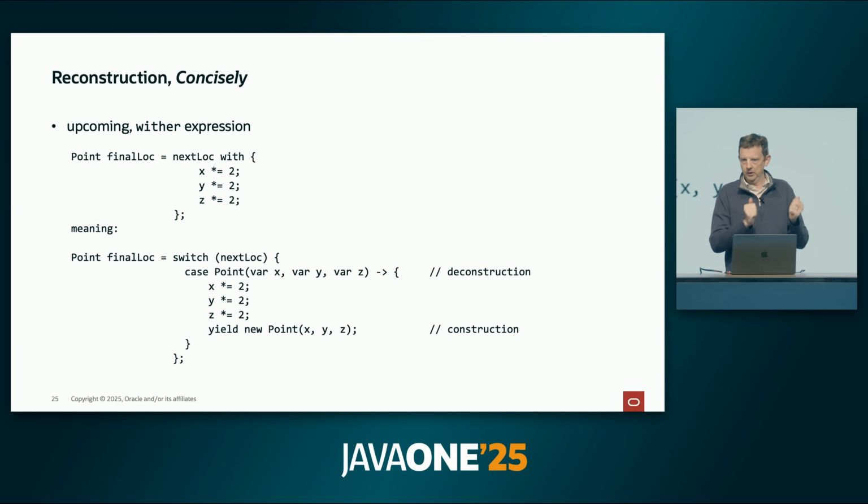They take as input an object, they disaggregate it for the class author, and then the class author can manipulate the data however they want. At the end, it gets aggregated again. So with those two tools, the ability to construct instances and the ability to deconstruct instances, the language can provide these sorts of capabilities to manipulate the data in between those two steps.